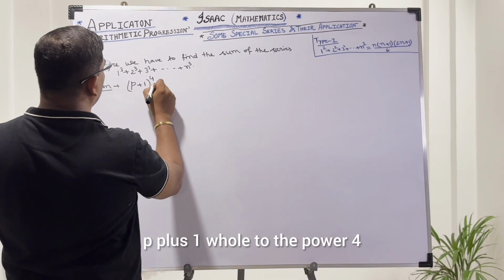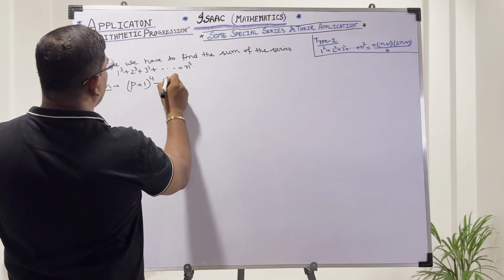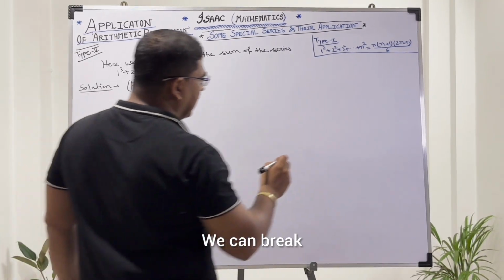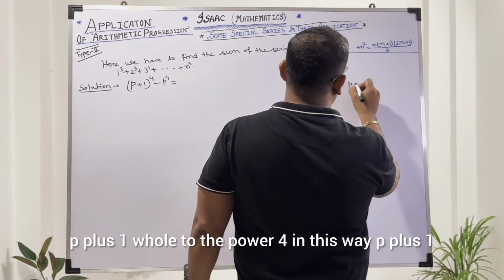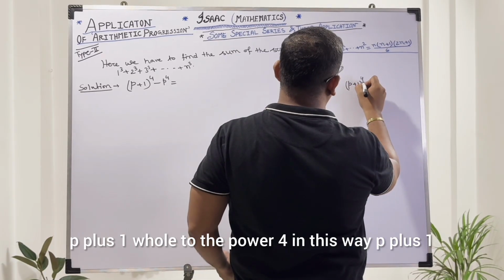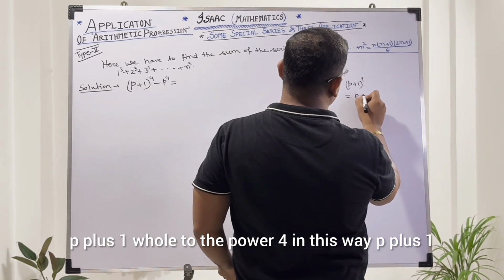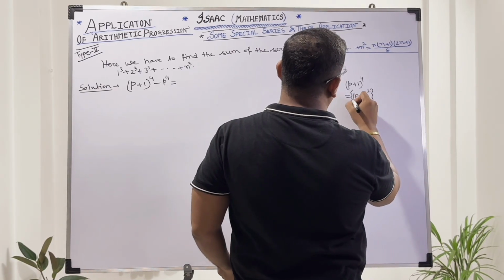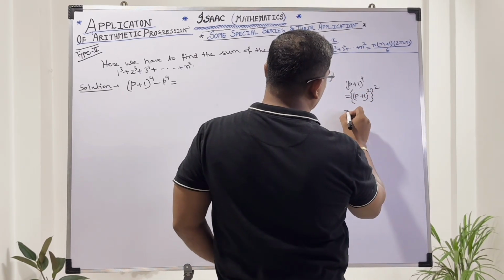Solution. (p+1)^4 − p^4. We can break (p+1)^4 in this way: ((p+1)^2)^2.